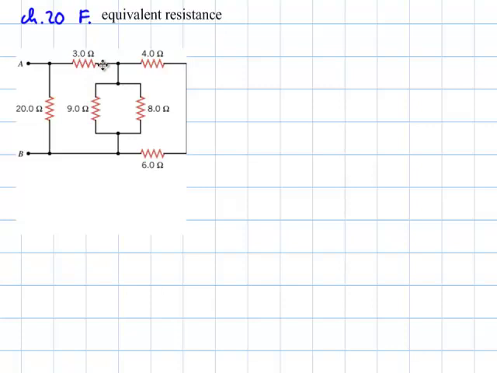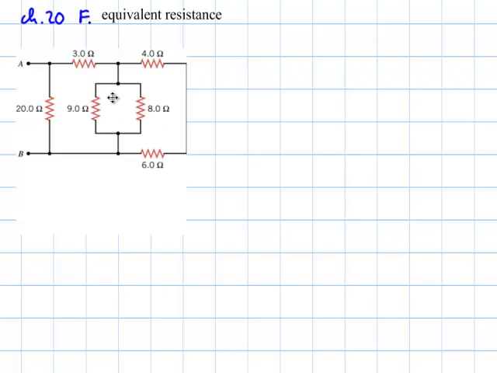So these two here, this one here, and all the rest here that come after the 3 ohm resistor are actually in series with each other. And again, I cannot do anything with the 3 ohm resistor until I have looked at all of these here.